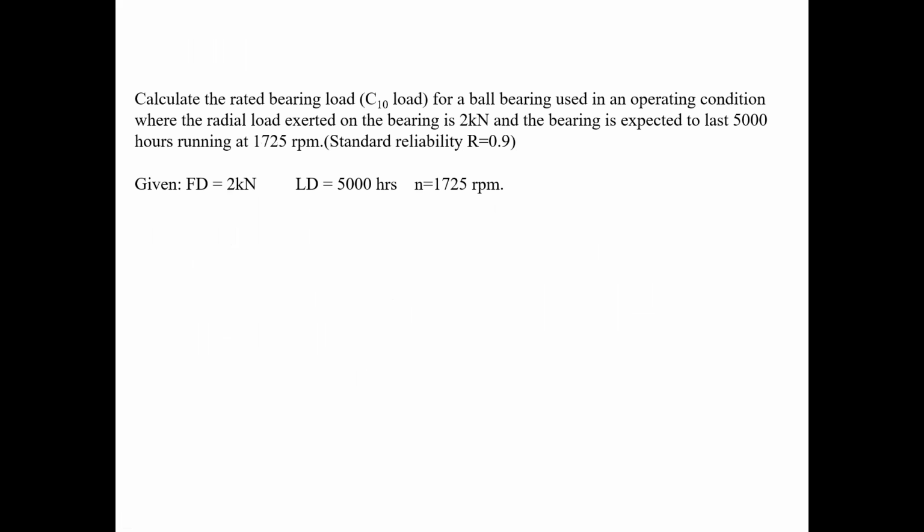So we go to another one. Want to find C10 for a ball bearing. The load on the bearing is 2 kilonewton. This is the desired FD, your external load. The bearing is expected to be used for 5,000 hours. This is LD and the RPM, with 1 to 5 C10.